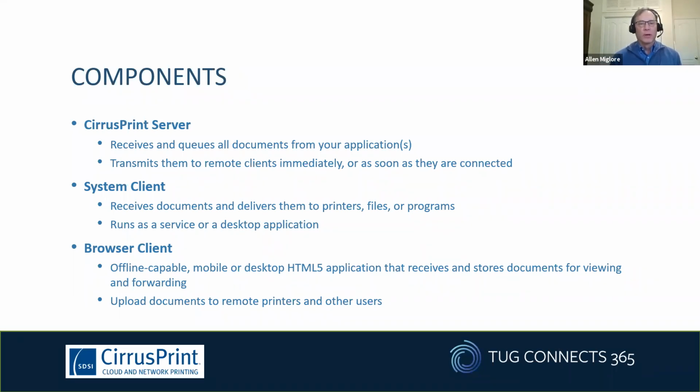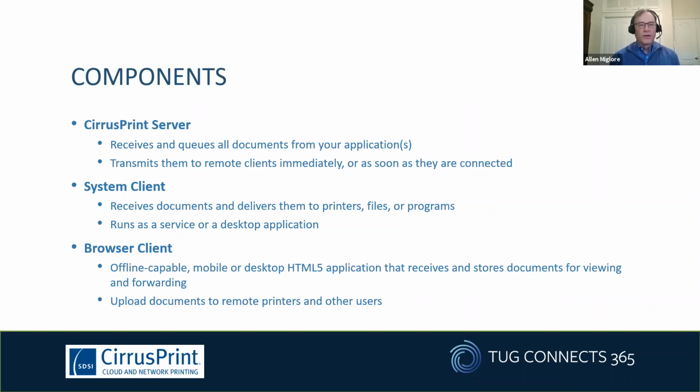So essentially what a web browser would do. The CirrusPrint server's job is to receive print jobs and parse them out, figure out where they're going to go, and then monitor for connections coming in from the clients and deliver those jobs out to those clients.